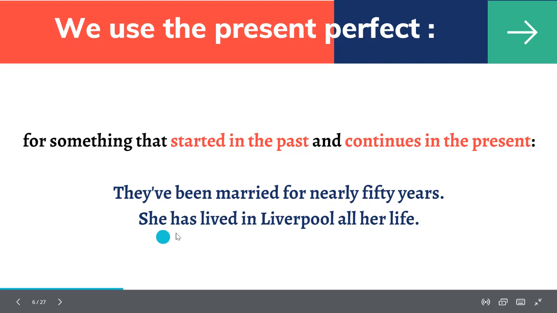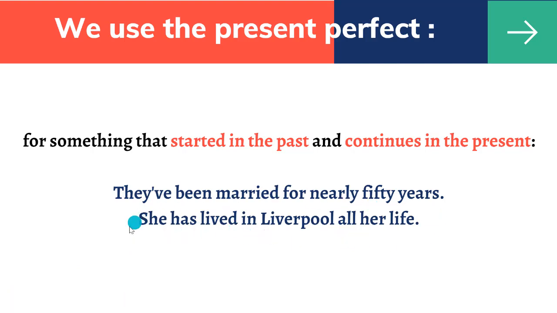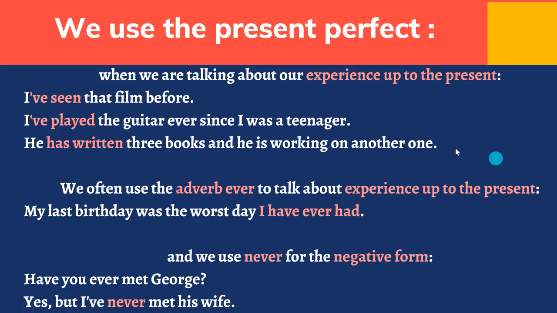Okay, so, she has lived in Liverpool all her life. And then we use the present perfect when we are talking about experience up to the present. For example, I have seen that film before. I've played the guitar ever since I was a teenager. He has written 3 books and he is working on another one.